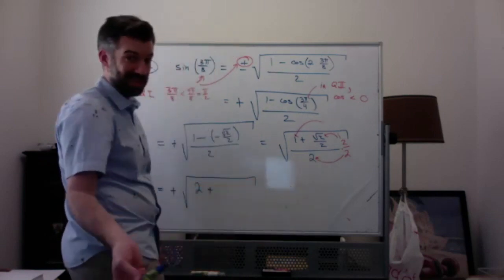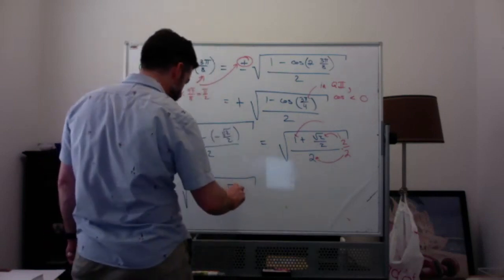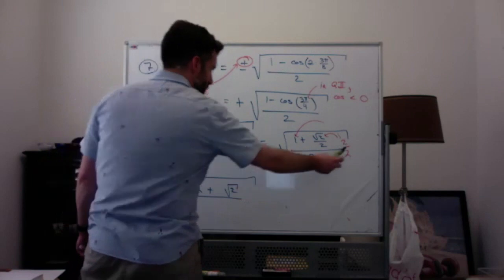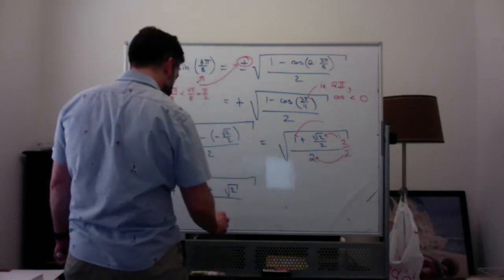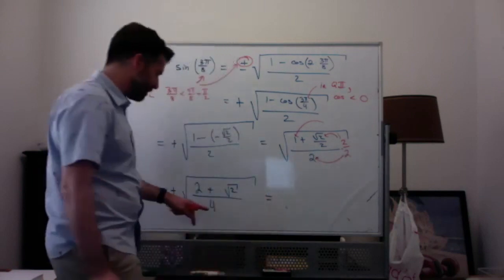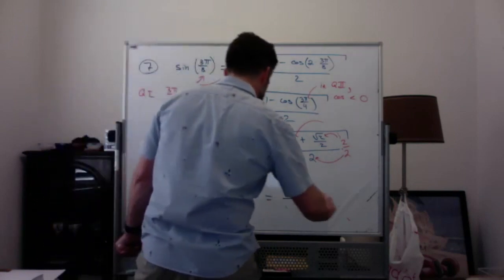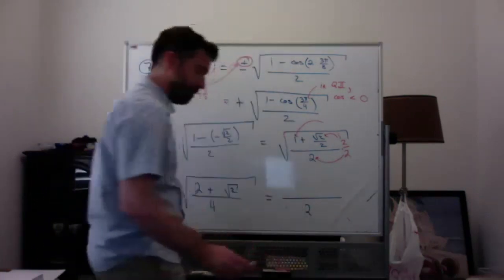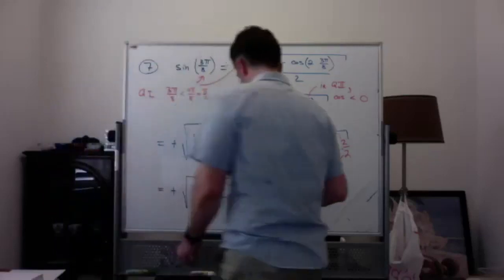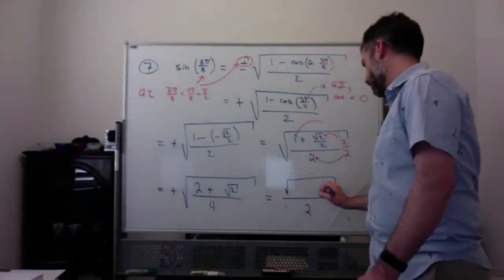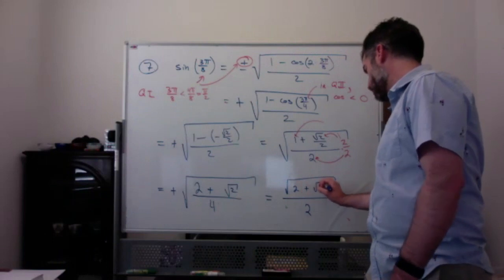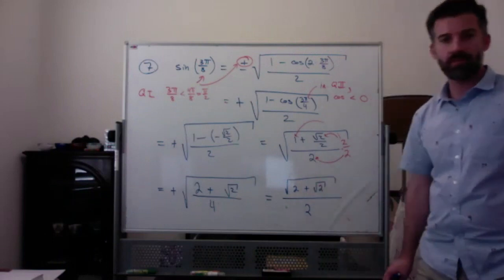The 2's cancel and you just get the square root of 2, all over 2 times 2 is 4. And then this is where we say, oh, but the square root of 4 is just 2. So we rewrite this as 2 on the bottom, not in the square root, and the square root of 2 plus root 2 on top.